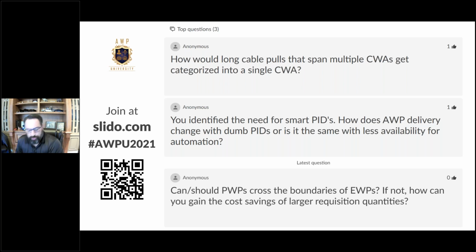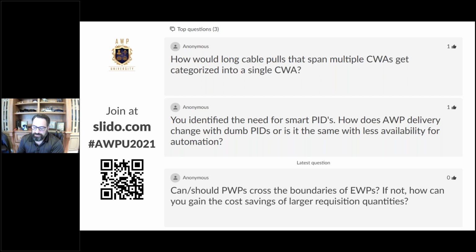But anyways, when it comes to cable pulls and CWAs, often what we will do is there will be specific CWAs identified for E&I. So we may have underground duct banks, for instance, as an independent CWA unto itself. Rack pull cable runs might fall into a CWA unto itself.